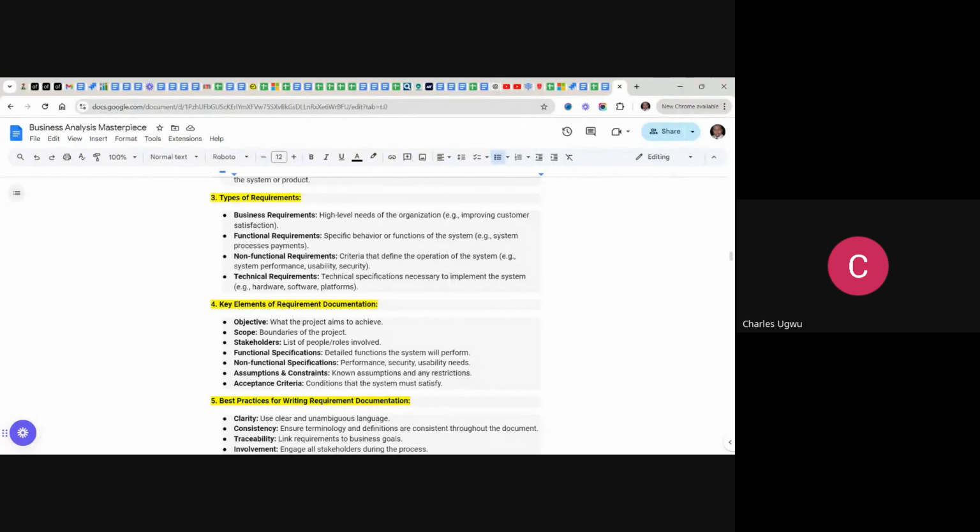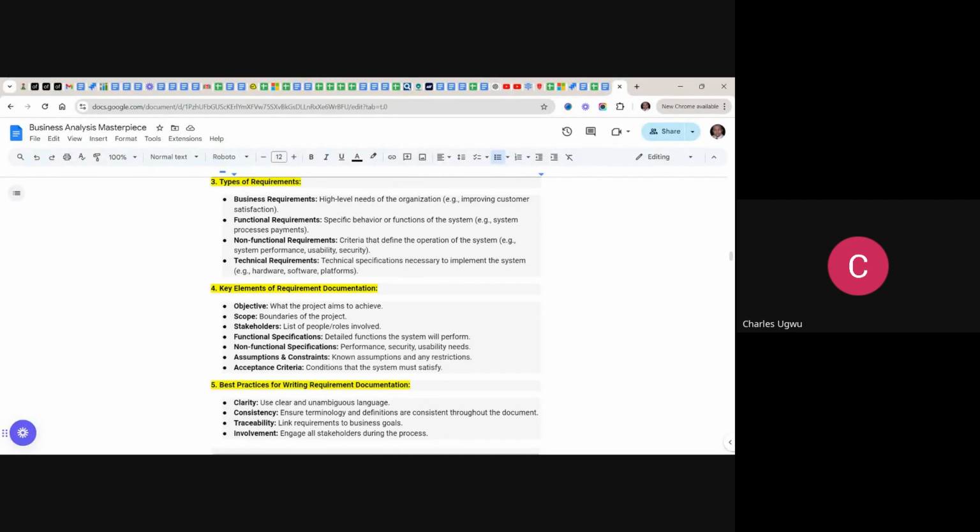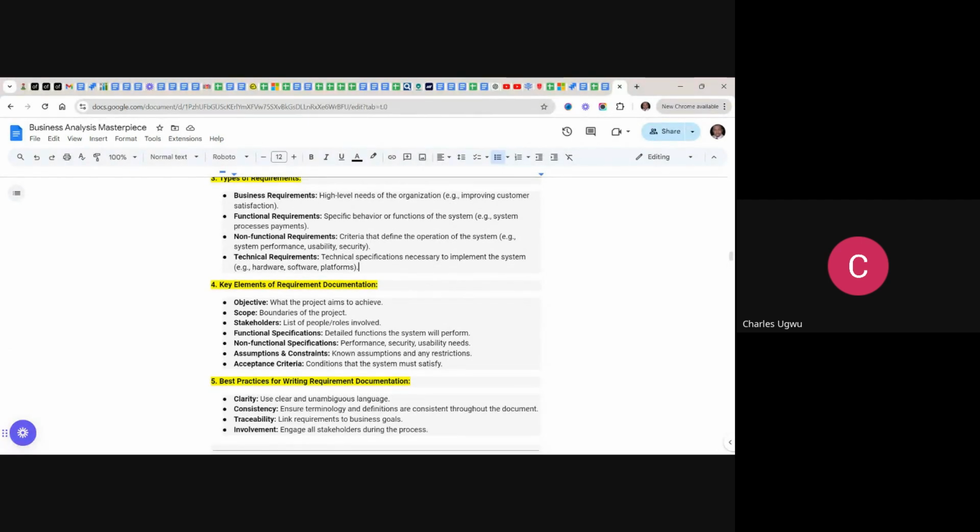Some of these key elements: it must be objective. Your requirement must be objective, stating what the project aims to achieve. We must clearly state what the project aims to achieve, because this is a document, and once it is approved, it becomes an authoritative document.